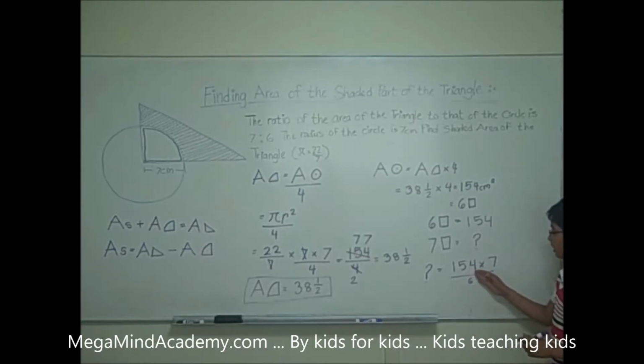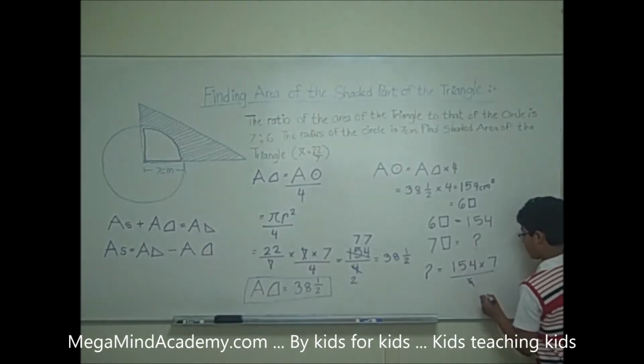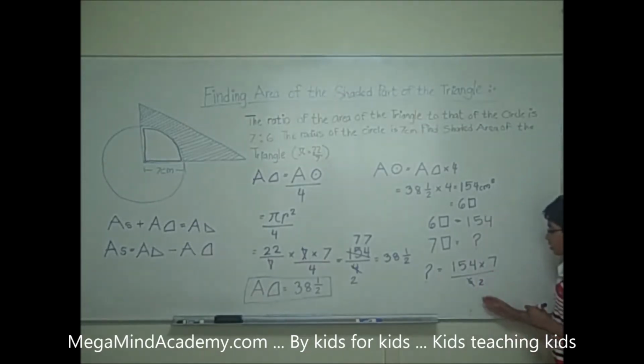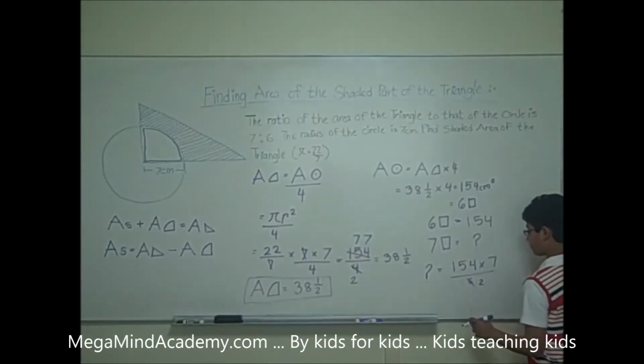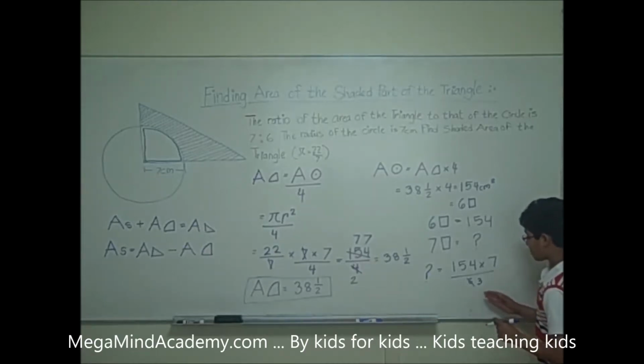6 and 154 are both divisible by 2. Actually, 2 goes into 6 3 times because we're dividing by 2 here, not by 3.